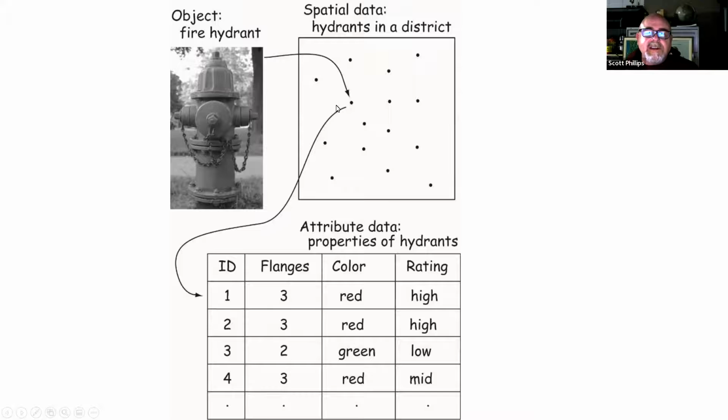So this is ID, this is a real fire hydrant in real life. This is the X and Y location of the fire hydrant, so we can display it on a map. And then here is a database record. It says how many flanges it has, the color of the fire hydrant, and the rating of the fire hydrant. So we have both spatial information and database information attributes to represent a feature in real life.